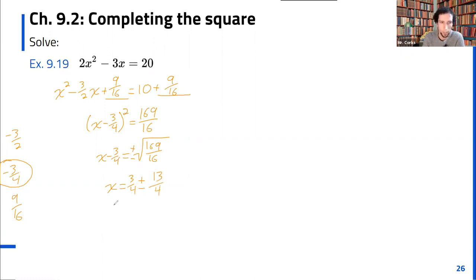And if we work this out, we have our 2 solutions. So x would be equal to what things? 4 and negative 2.5. Okay, negative 2.5, I'll write it as negative 5 over 2 here. So 3 over 4 plus 13 over 4, 16 over 4, that's 4, and then subtracting, 3 minus 13 here, we'll get negative 10 over 4, and then negative 5 over 2.